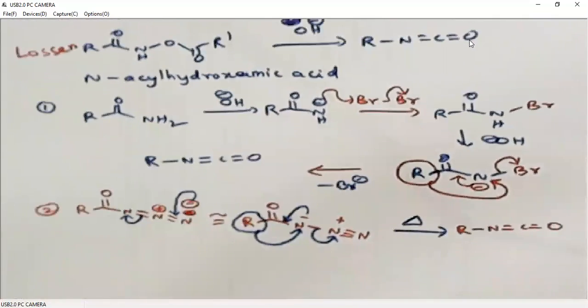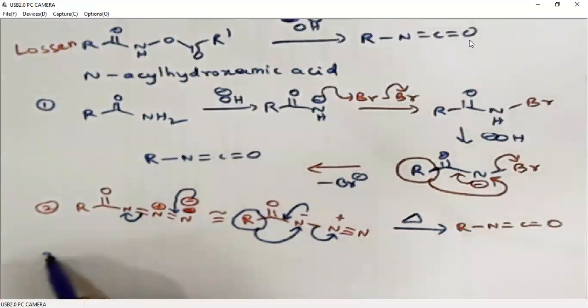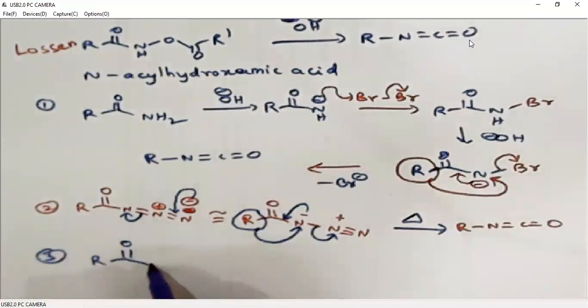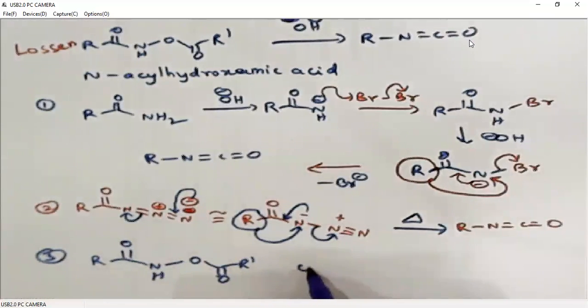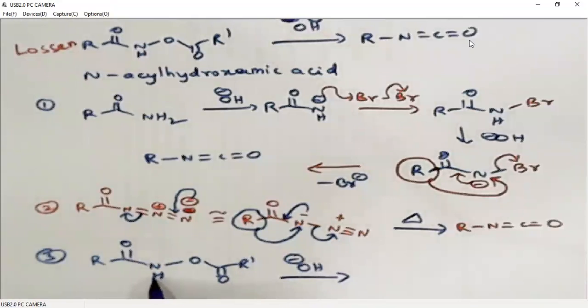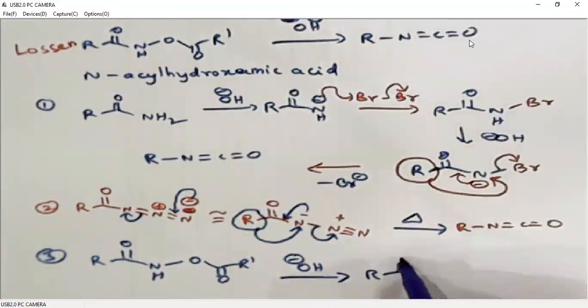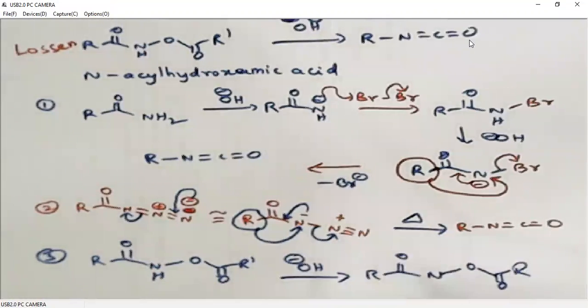Now we will see the mechanism for Lossen rearrangement. Lossen rearrangement involves N-acyl hydroxamic acid. When it is treated under basic conditions, what happens? This base will pick up the proton from nitrogen. So it also generates a negatively charged nitrogen atom. So that is most important for conversion into isocyanate.